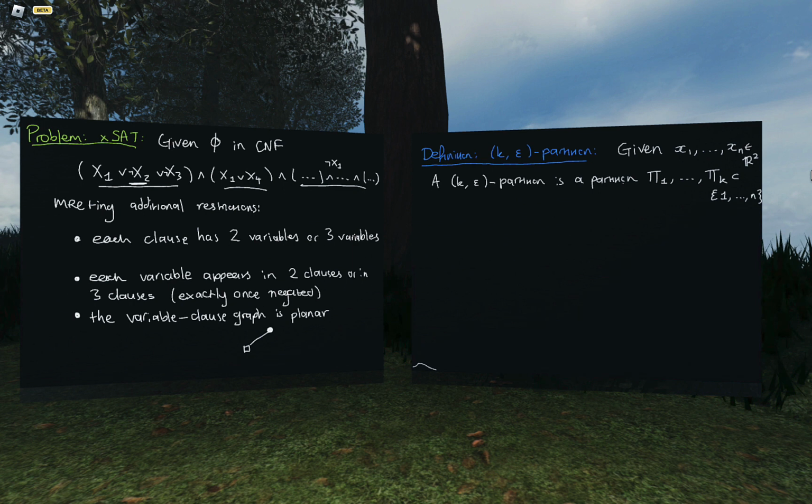Okay, anyway, so then there's a constraint, which is the epsilon, which is that each of these groups of points has to fit inside a small square which has width epsilon.